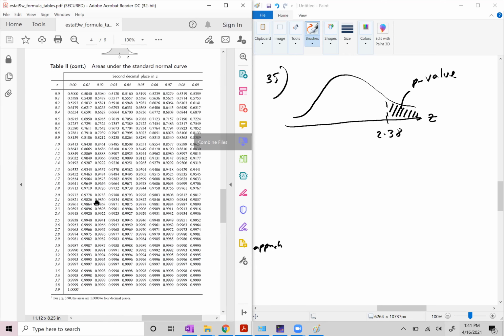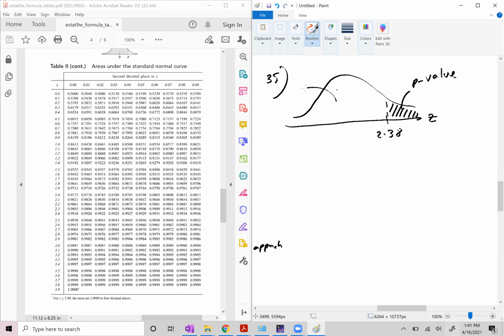Now you know the z value, we are looking for the probability. So 2.38 is 0.9913. This 0.9913 is not the area we need, because the table gives us this part, but we need the other side.